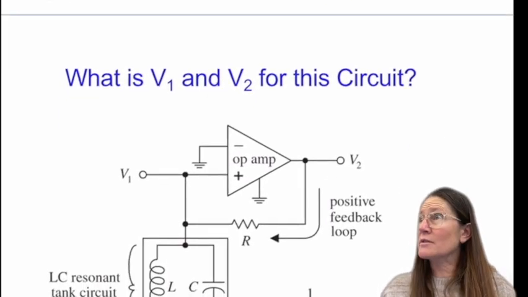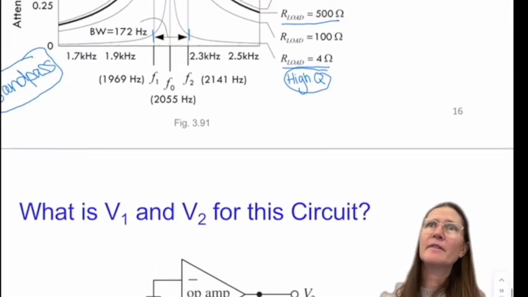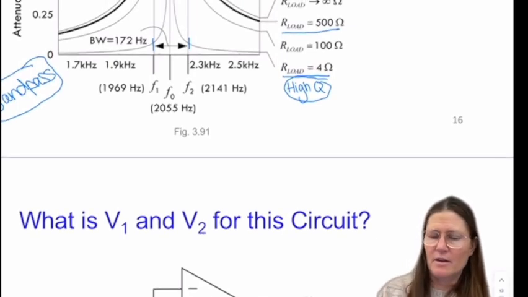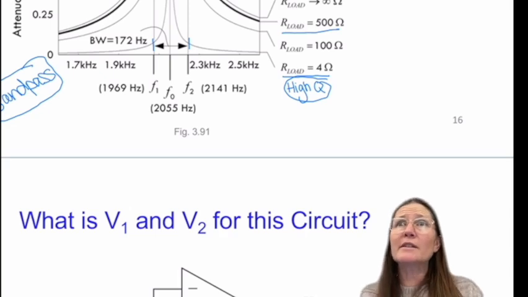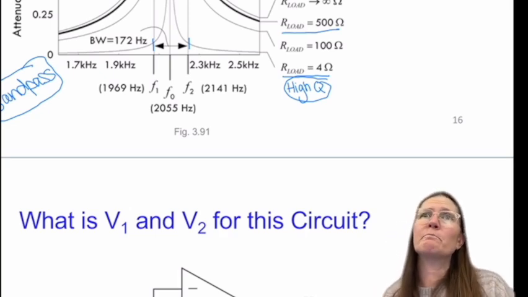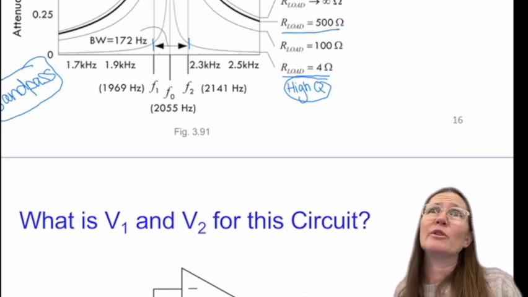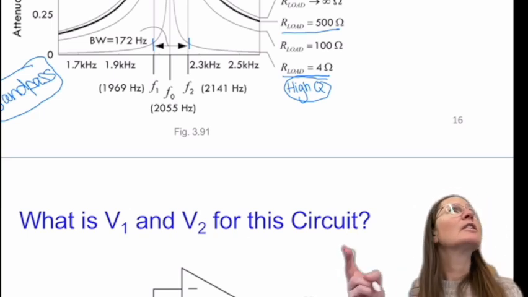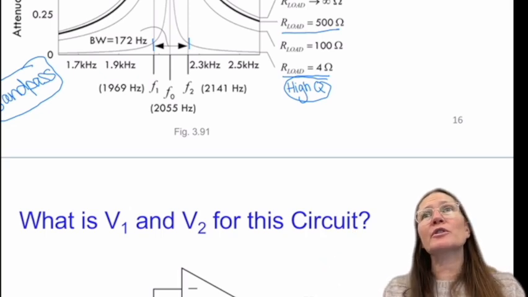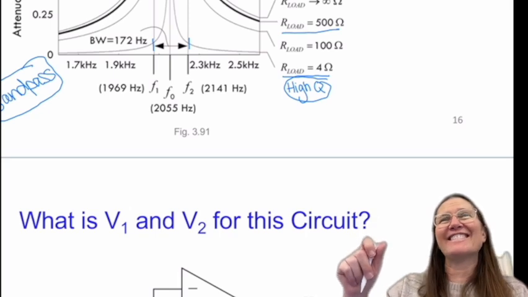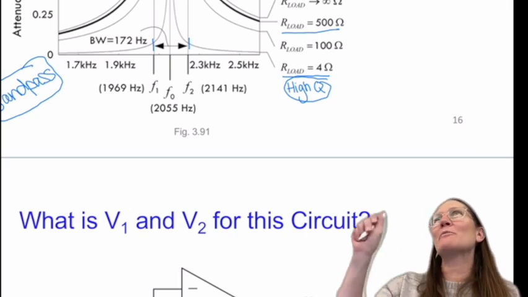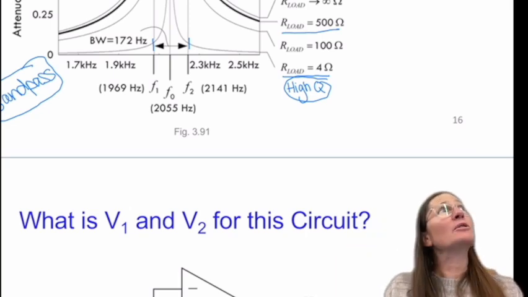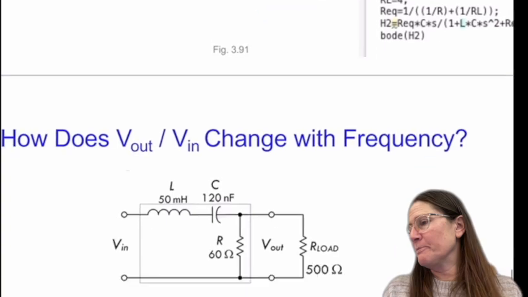Okay, questions? Yes. How is this going to be on an exam? Like, how are we going to be tested on this? So I may show you Bode plots and say what kind of filter this is. So be able to identify the filter. Also, from this Bode plot, being able to create the transfer function.